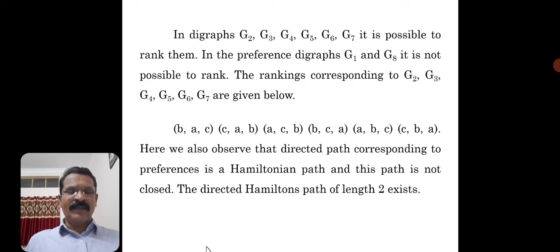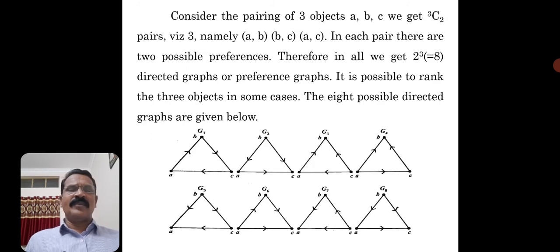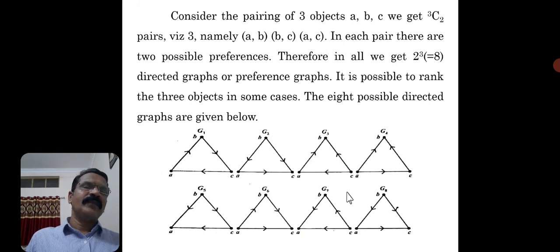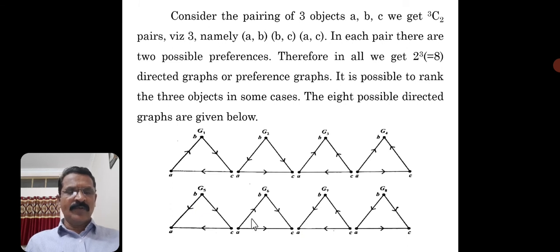If you observe the diagrams other than the first and the last, in between you will get a Hamiltonian path of length 2, among G2, G3, G7 and the others.